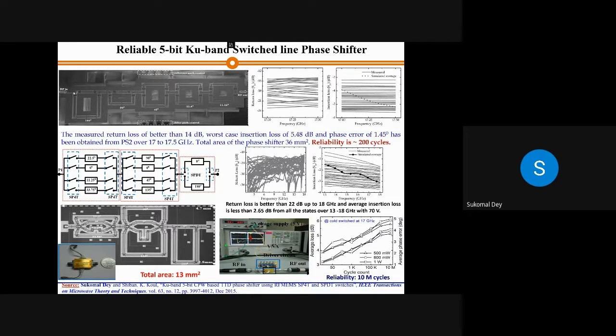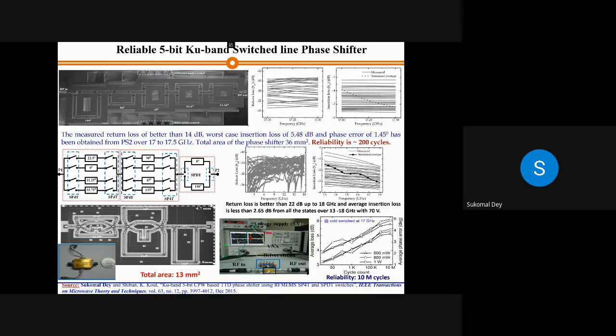So it seems that to activate one arm, we have to activate 10 switches. So the number of control elements per phase state plays a very important role. Our first target is how to reduce the control elements. To reduce the control elements, it is basically how to reduce the number of switches.